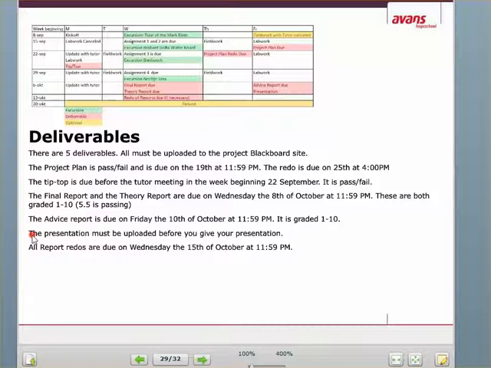That is written in the syllabus for the project. In general terms, the final report is individual, and the advice report is a group report. That's the main difference. I think the final report is worth 50%, and the advice report is worth 25%.